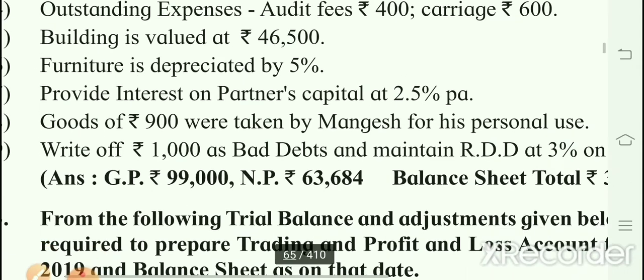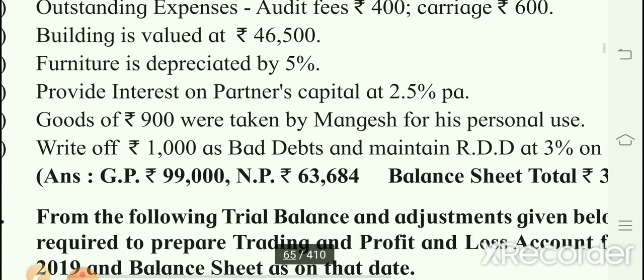Then next, goods of rupees 900 were taken by Mangesh for his personal use. Firstly, it will be recorded on the credit side of the trading account by goods taken by Mangesh for personal use rupees 900. Second effect, always we used to deduct the drawings from the capitals of partners.